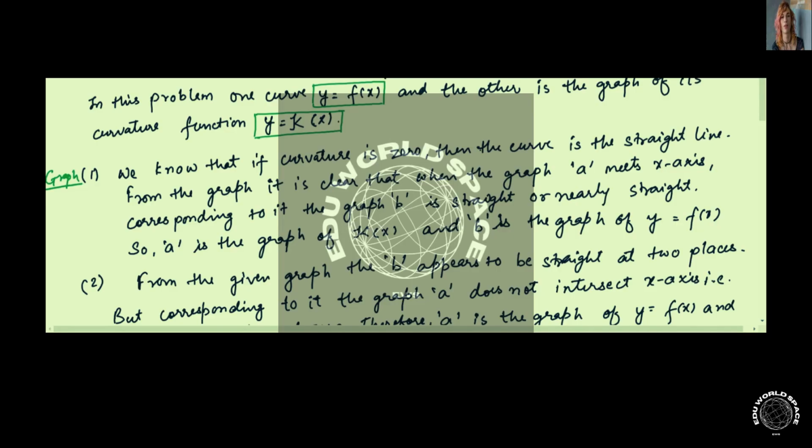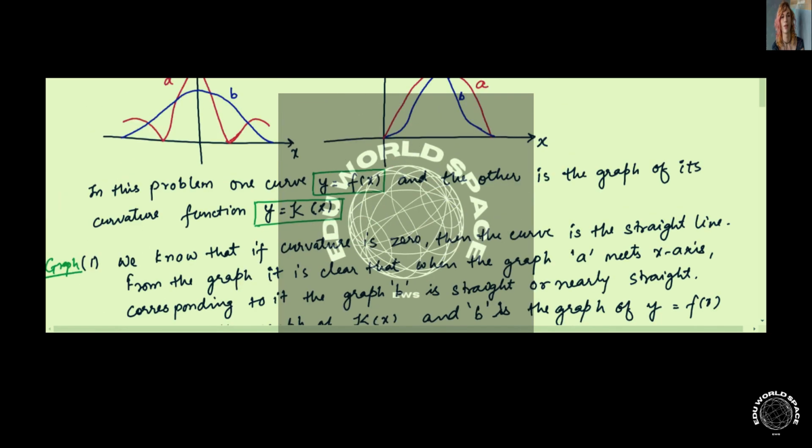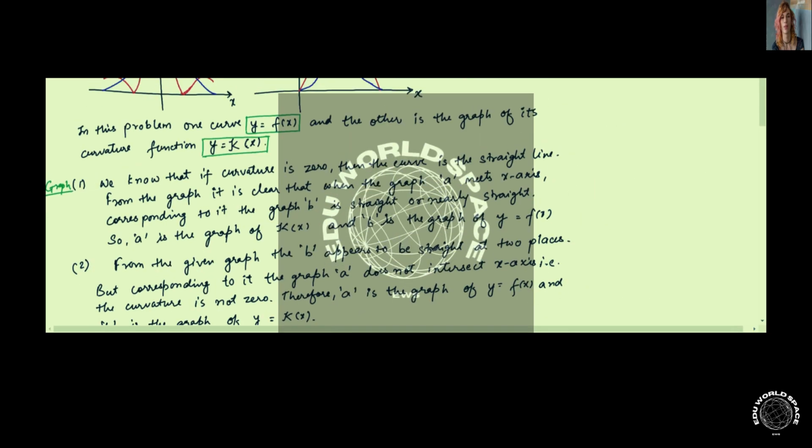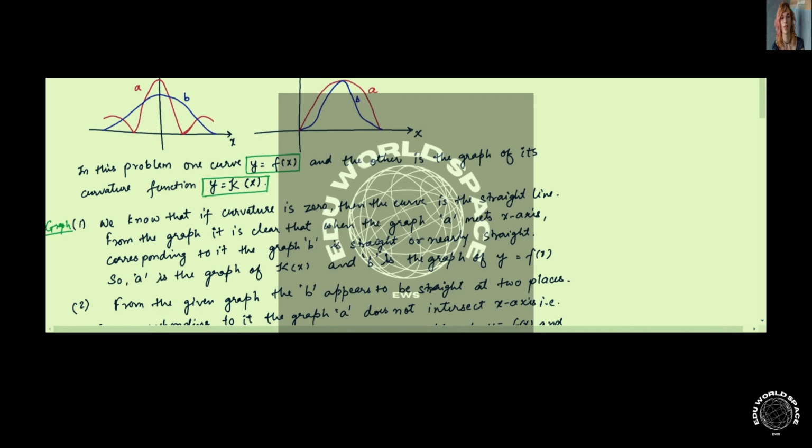So from the graph, it is clear that when graph A meets the x-axis, correspondingly graph B is a straight line. So with respect to graph A, graph B is a straight line. That means B will be straight with respect to A.